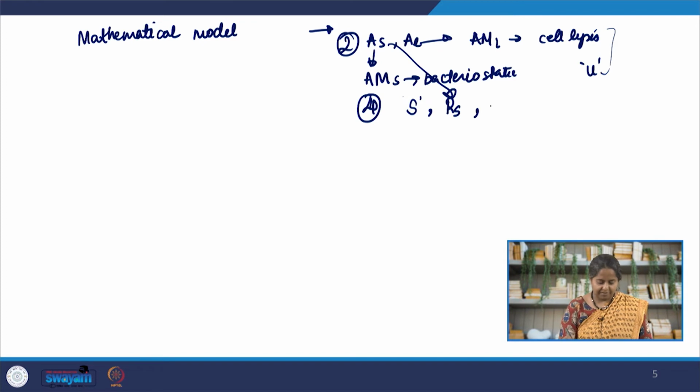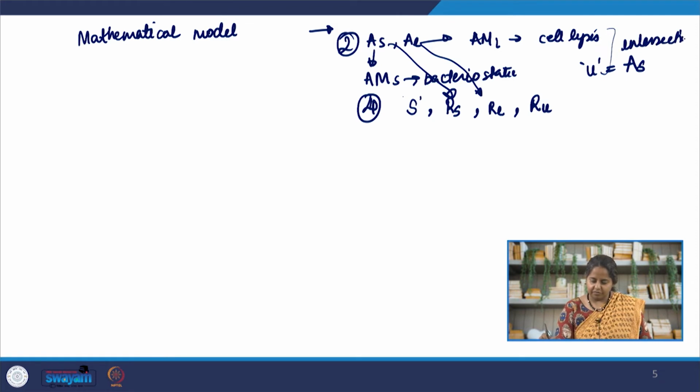Then we have RL, which is resistant to AL, which is antimicrobials that cause cell lysis. And then we have multi-drug resistant bacteria, which are resistant to both kinds of antibiotics, resistant to AS and AL. So U is some intersection of AS and AL, resistance to AS and AL.